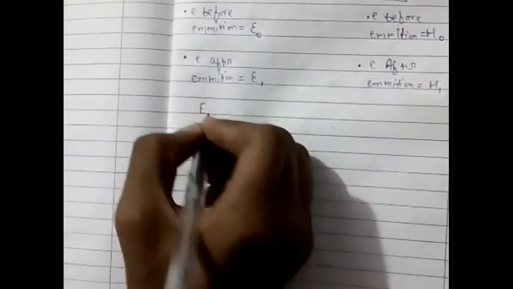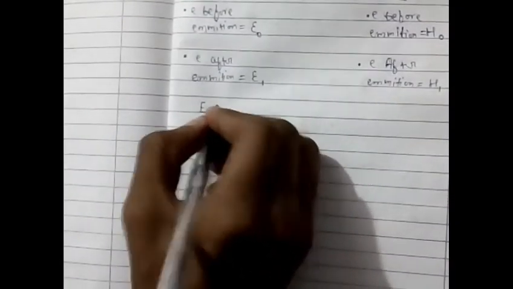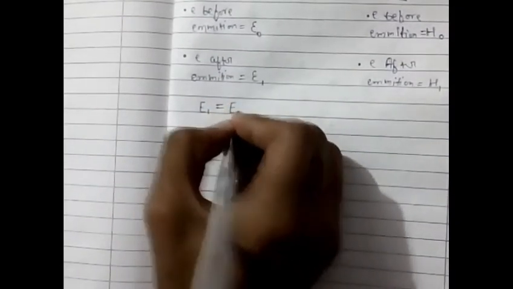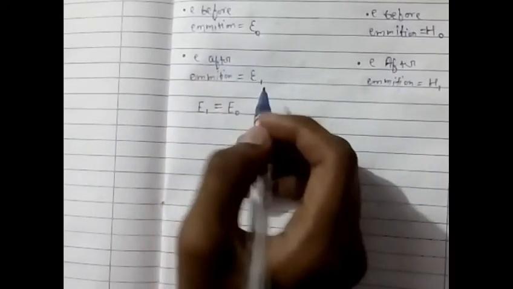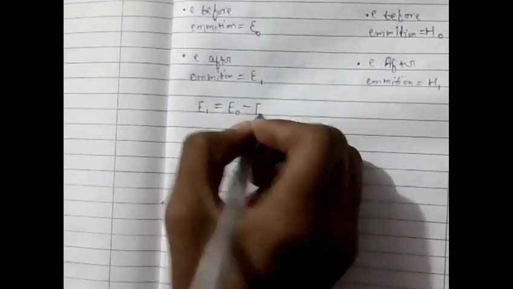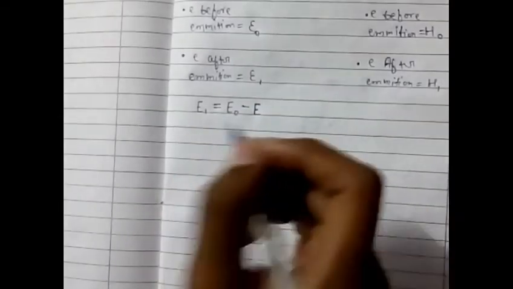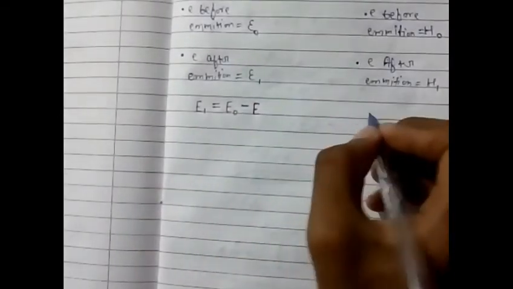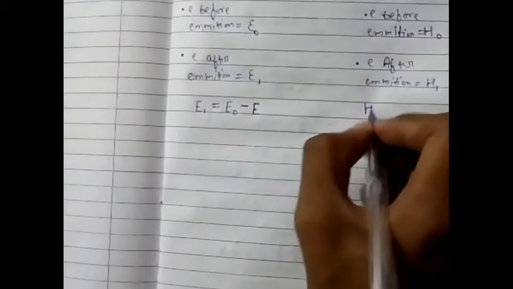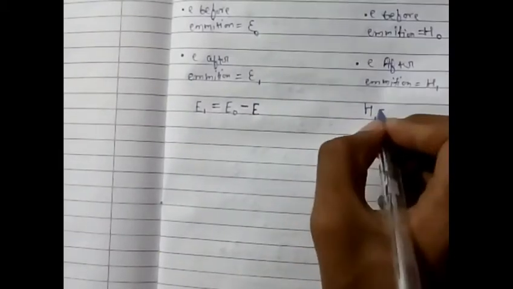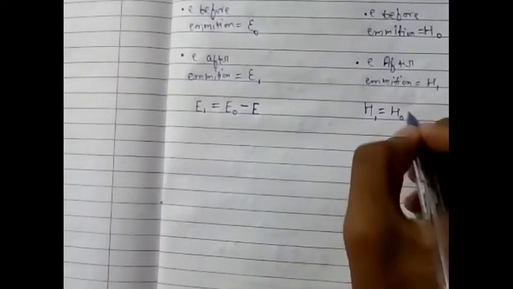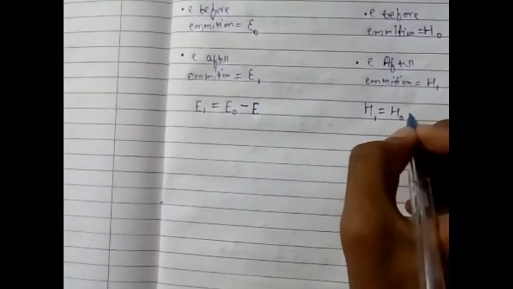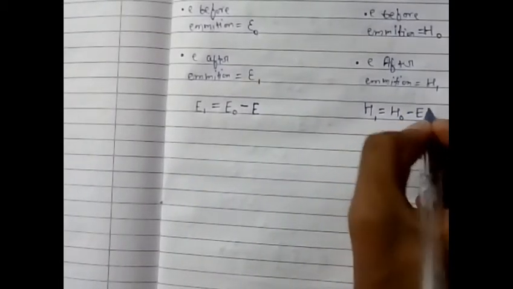So according to S, E1, that is the energy after emission, is equal to the energy before emission minus the energy loss, capital E. And according to S prime, the energy after emission is H naught, which is the energy before emission minus E times gamma.